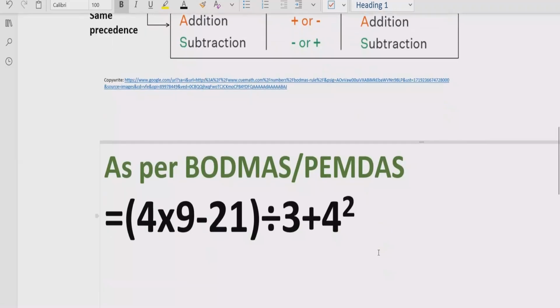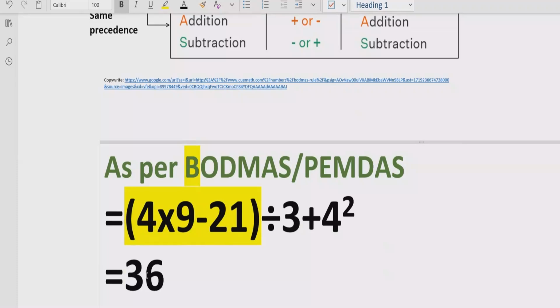So first of all, we have to solve the bracket. In our expression, we have this expression which contains two operations, multiplication and minus. So first of all, we have to solve the multiplication inside the bracket. So 4 9s are 36: 9 1s are 9, 9 2s are 18, 9 3s are 27 and 9 4s are 36.